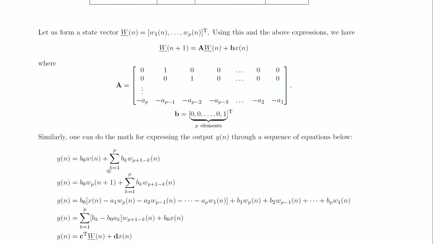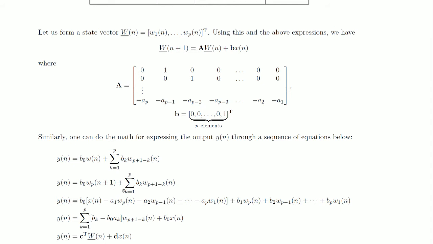Now, we do a little bit of careful math here, some simplification through algebra, which is b0 times W_p(n+1). Recall W(n) is basically W_p(n+1) plus summation k equals 1 to p b_k W_{p+1-k}(n). We have this equation.